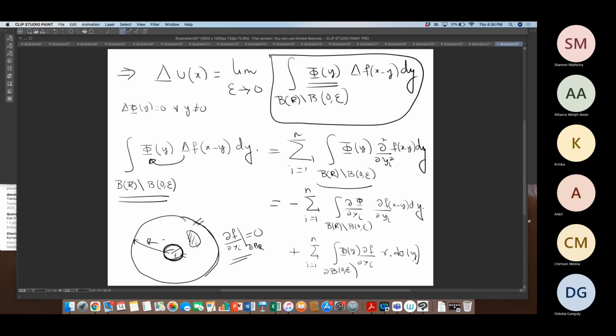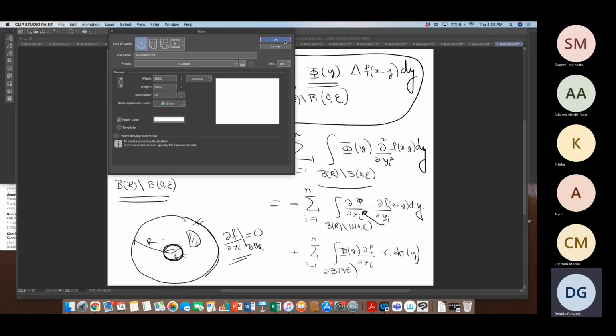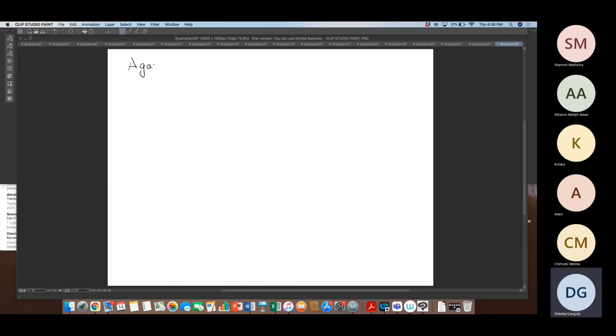Clear? Okay. Again, I will throw this derivative to here. Again, integration by parts, and again this boundary term will come, with f and phi. Again I use integration by parts.